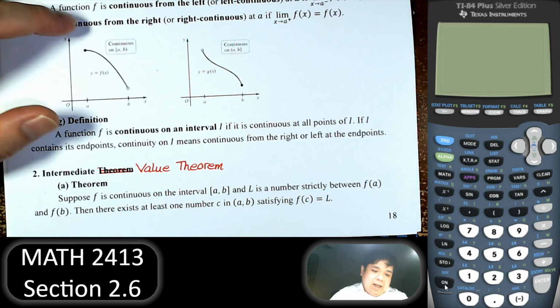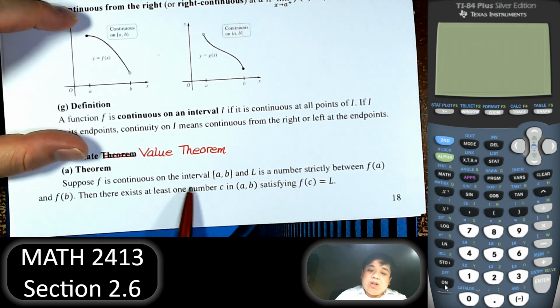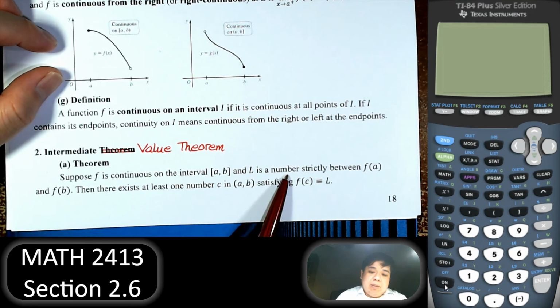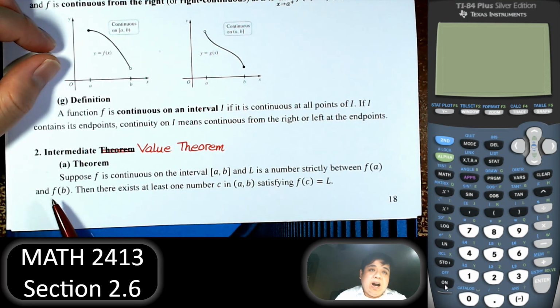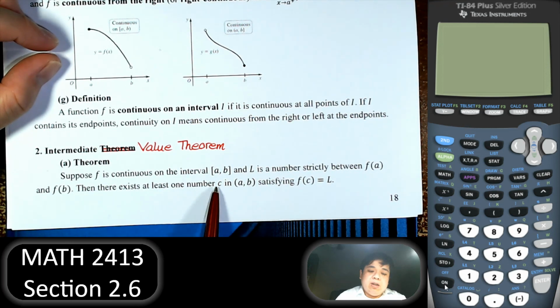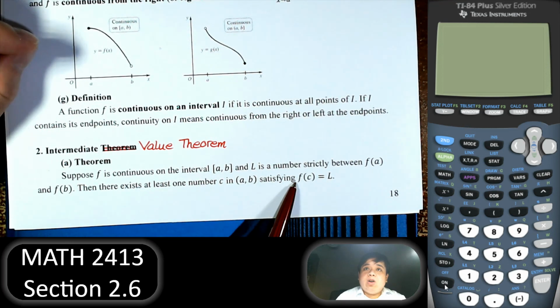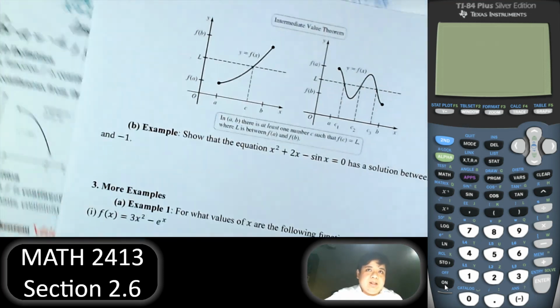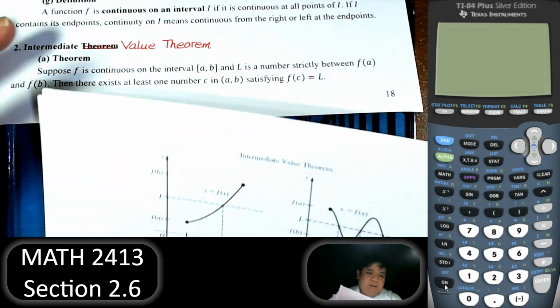It says if the function is continuous on the closed interval a to b and L is a number strictly between f of a and f of b, then there exists at least one number c where the value of the function equals L. I ran out of space there, but this is what the intermediate value theorem is about.